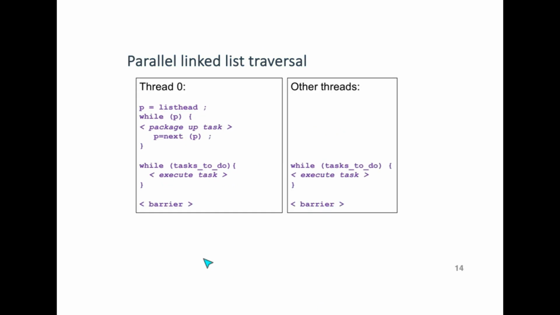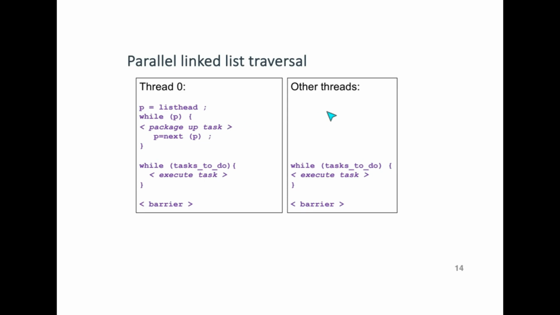What's really going on under the hood is useful to think about, because this pattern looks a bit weird at first sight. Thread 0, the master thread, is the one that's traversing the list. It does the list traversal, but it probably doesn't execute any of those tasks. All it's doing is packaging up the tasks.